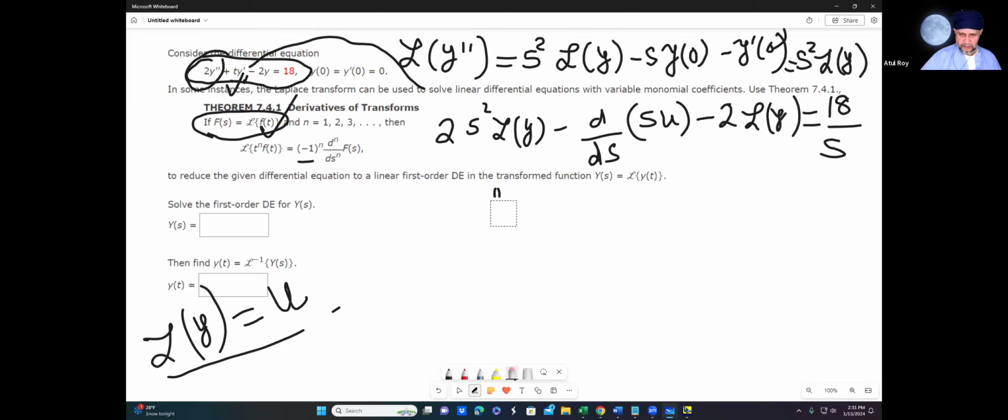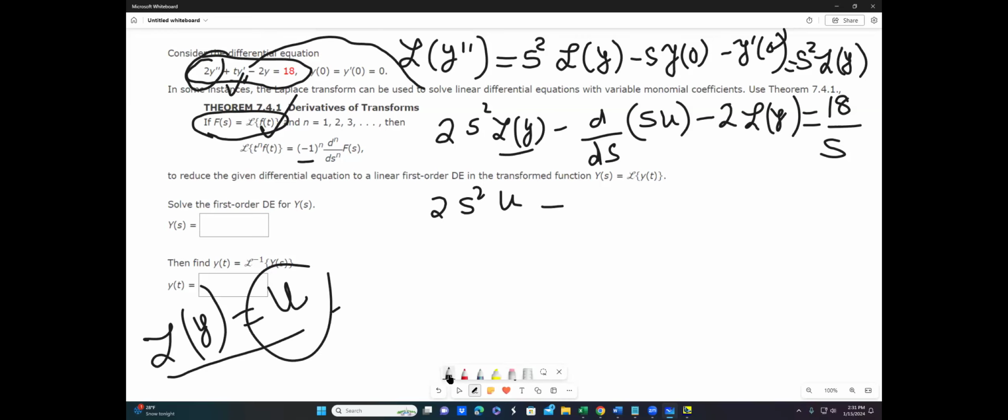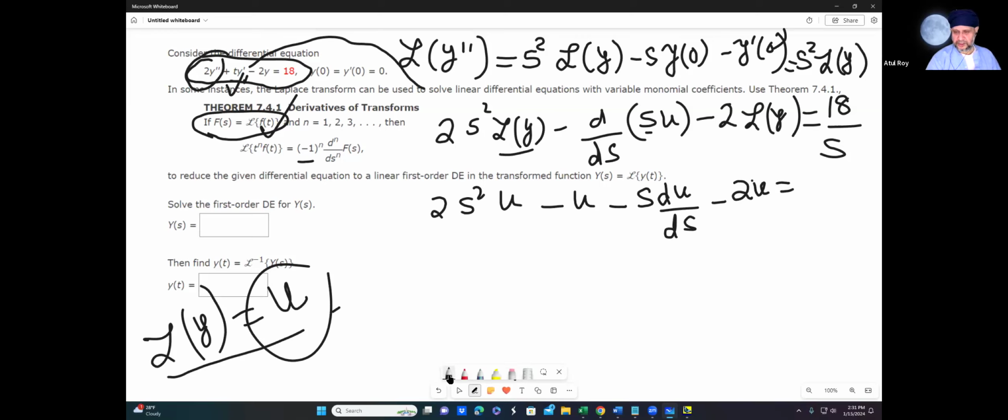So we have this. This is 2s squared, L of y is U, because that's what we chose it to be. And this is going to be minus, we are just using the product rule here. The derivative of s is 1, then minus s dU/ds, minus 2U equals 18 over s.